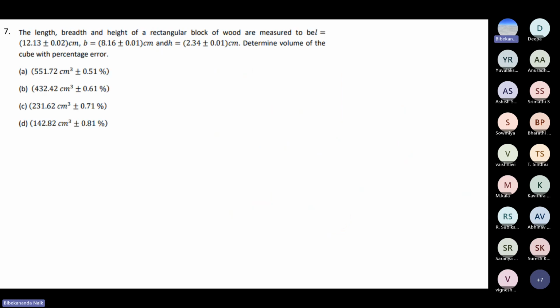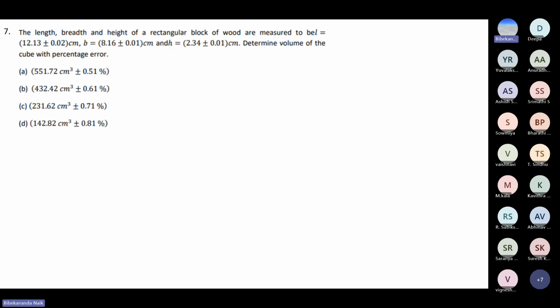Now, another question: the length, breadth, and height of a rectangular block of wood are measured to be 12.13 plus minus 0.02 centimeter, 8.16 plus minus 0.01 centimeter, and the height is 2.43 plus minus 0.01 centimeter. Determine the volume of the block with percentage error.